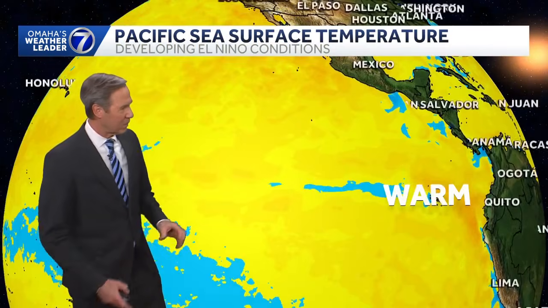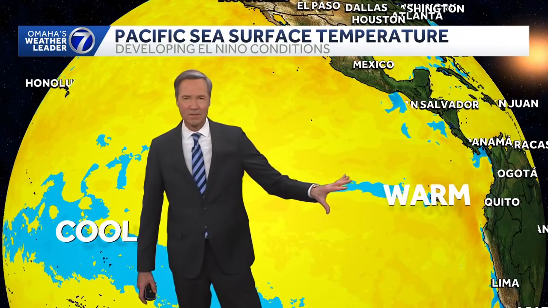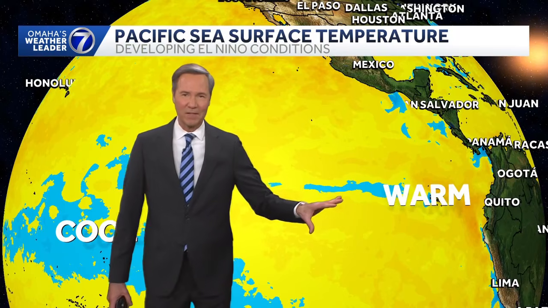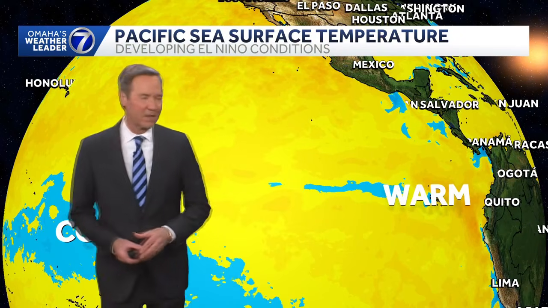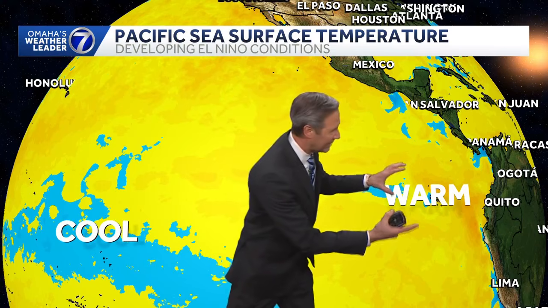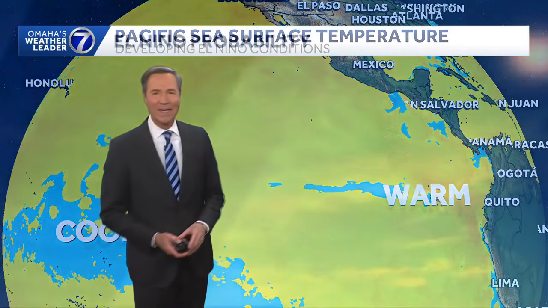Well, you look at the sea surface conditions in the Pacific Ocean, and we're already seeing a lot of warmer than average water off the coast of South America and the Central Pacific, and a little more cool water out farther into the Pacific. So this sort of just suggests that you're getting this warmer water to pool there, which means El Nino.